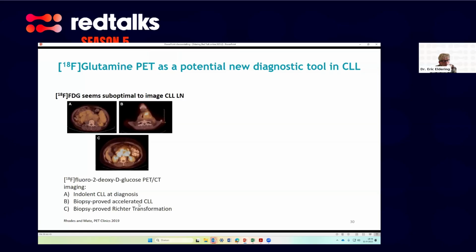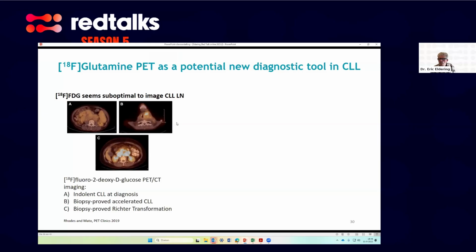If the cells transit to accelerated CLL in picture B, or to the Richter transformation, which is a highly aggressive form of CLL and actually resembles DLBCL, you can see that now the glucose PET tracing can image those cells, whereas the majority of CLL cases are not visible by PET tracing.